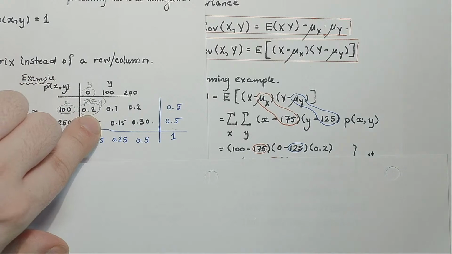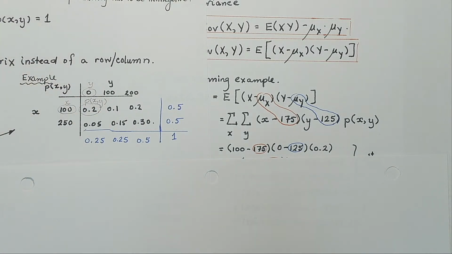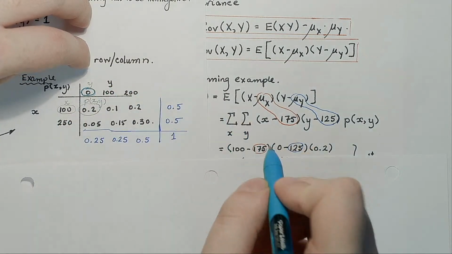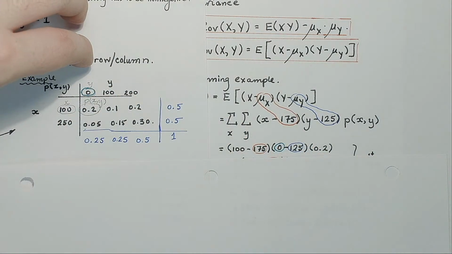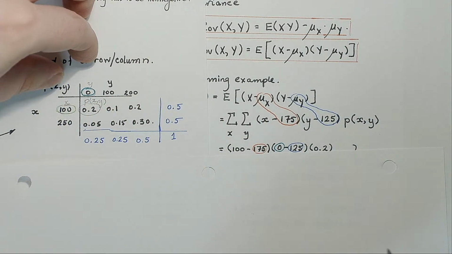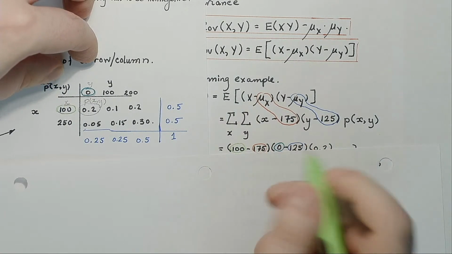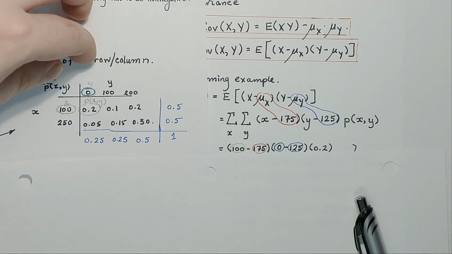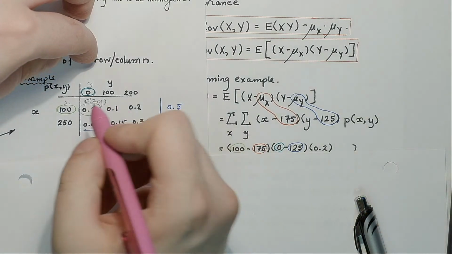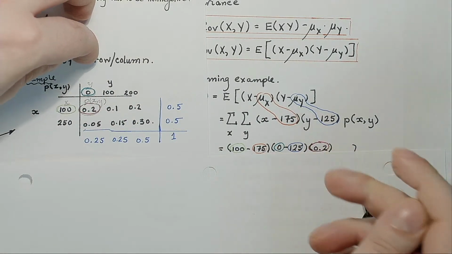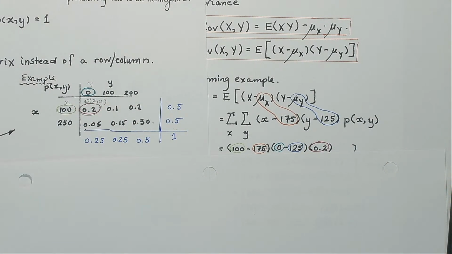So if I do it like that, here's my value, there's the y. Let me grab another color. Here's a green. And lastly, here's the value of the probability. Okay.